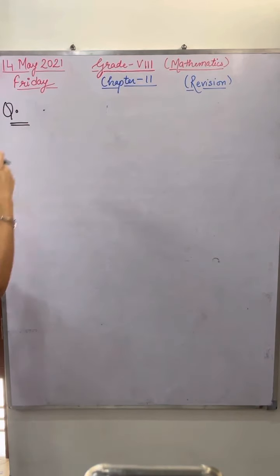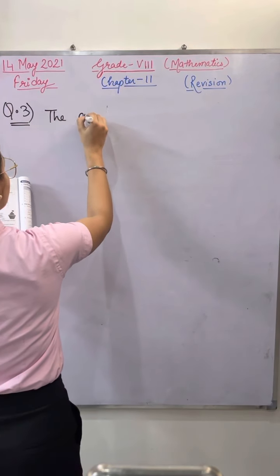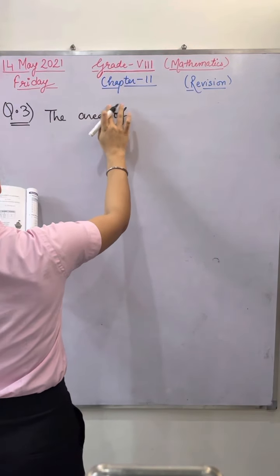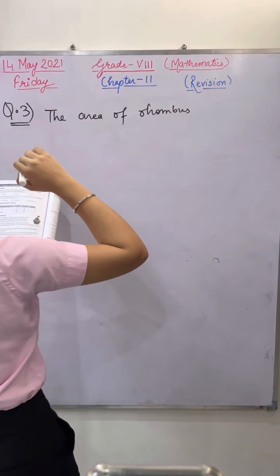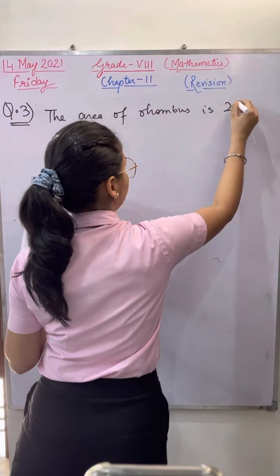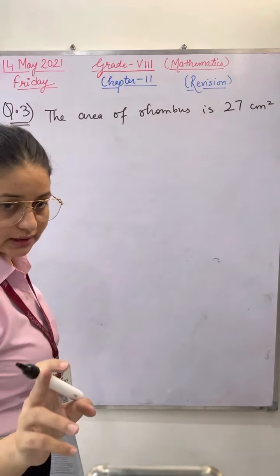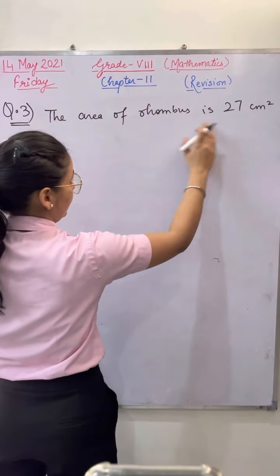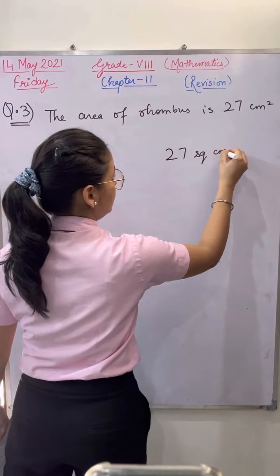I'm giving you the third question now, which is based upon the rhombus. The area of the rhombus is given, that is 27 centimeter square. One more thing: in some questions, they will mention it in this way, area of rhombus is 27 square centimeter.